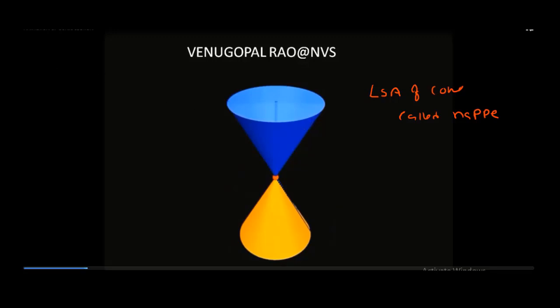This blue color is another nap. That's why a right circular cone with these two parts has two naps. Sometimes these are called a double napped cone, a double napped right circular cone.